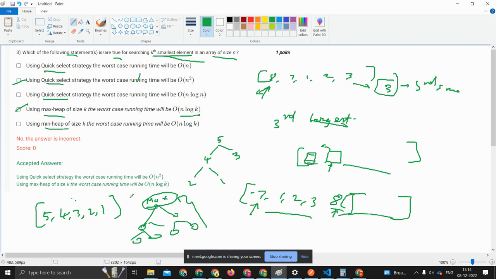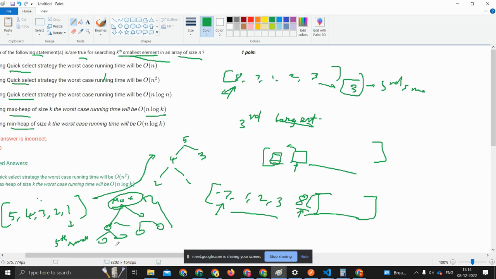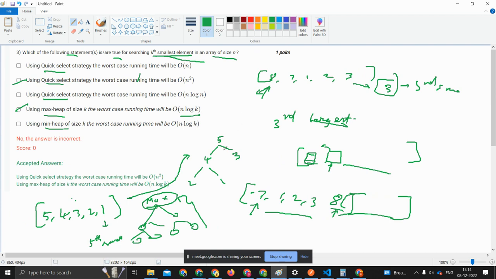This is an example of a max heap, right? So if you want to find out the worst case, it is trying to find the fifth smallest. Have you written a min heap or max heap? This is a max heap. If you are finding the minimum, then you are going down.